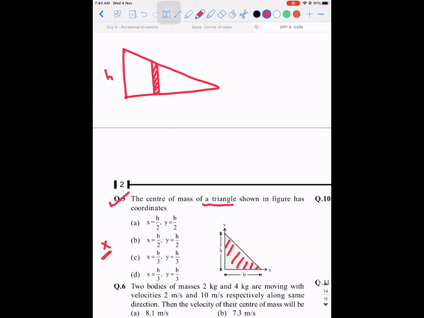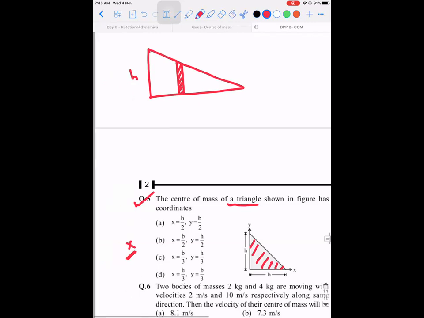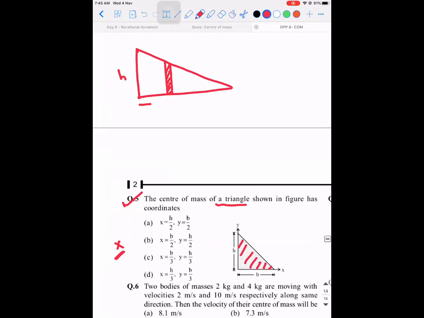See, for example, if I consider a small strip like this, let's say this is at a distance x and its thickness is dx. I don't think it is easy for us to solve. So this is y. The integral of x dm is going to be m by area.